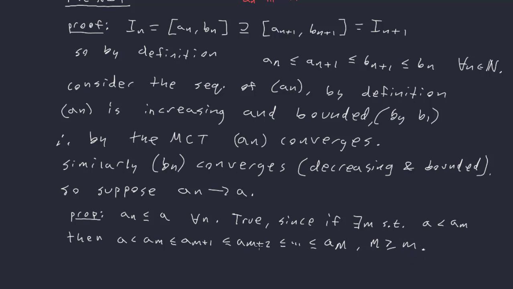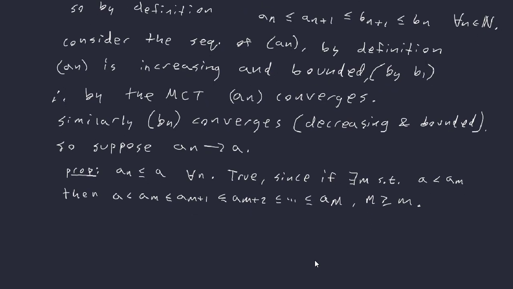And this will not make sense, because if the sequence is converging to A, but it's not allowed to get back down close to A again, we'll have a contradiction. So that's our first proposition: all the a_n's have to be less than or equal to A. They could all be equal, but they can't ever get greater than A.